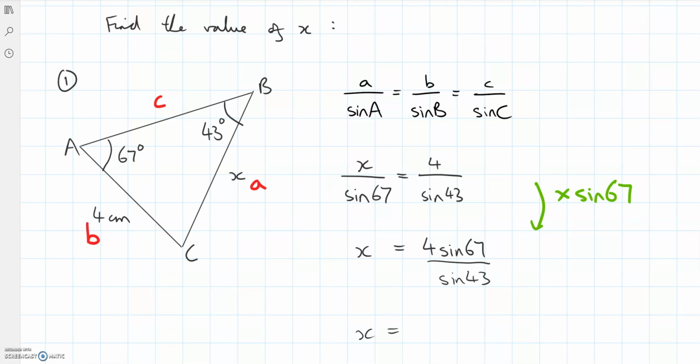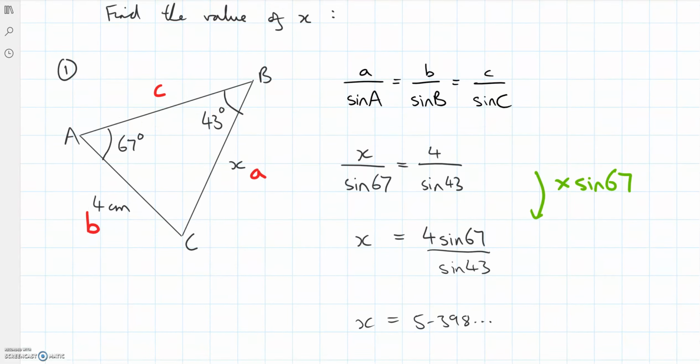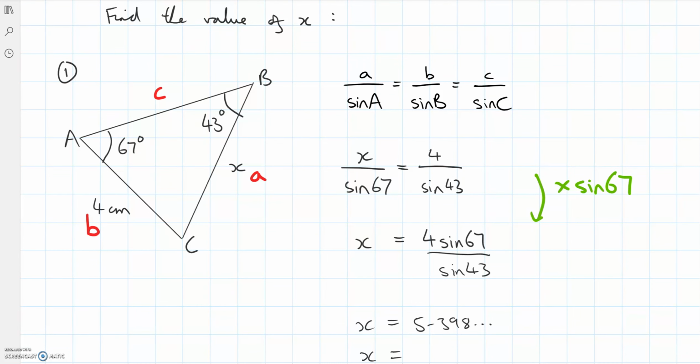And then I can just stick this in my calculator. I can find my value of x, making sure the calculator's in degree mode. So 4 sine 67 divided by sine 43 equals 5.398, etc. So when we round this, as it's a length, we're going to round it to 3 significant figures, so 5.40, and we're in centimeters, and there's our degree of accuracy, 3 significant figures.